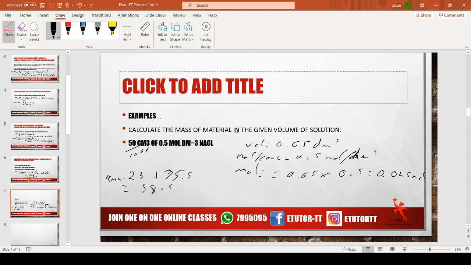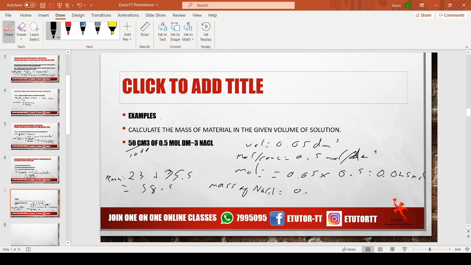So to find mass now, it's pretty simple and straightforward as well. From last class, we simply multiply the moles by the RMM, right? So mass of NaCl equals the moles by RMM.